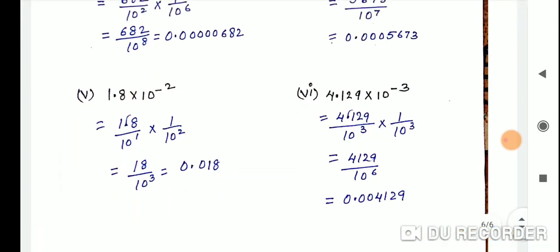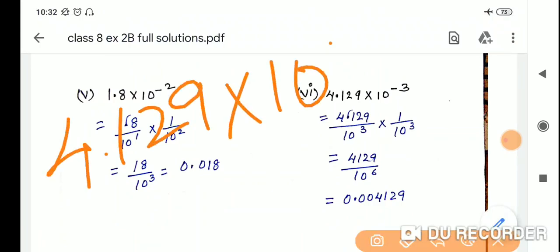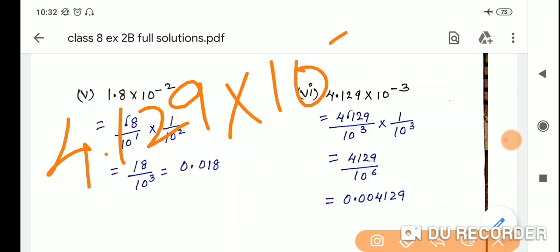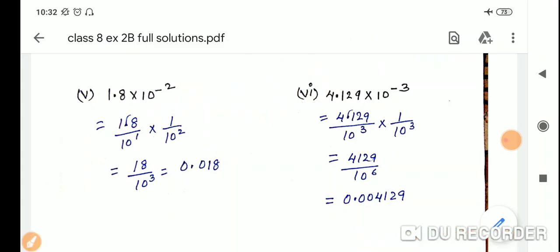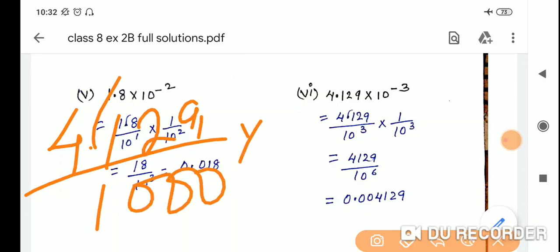Now the last part, 4.129 into 10 raised to the power minus 3. Minus 3. So here 4.129, thousandths, 3 places are there, into 1 by 10 raised to the power 3.